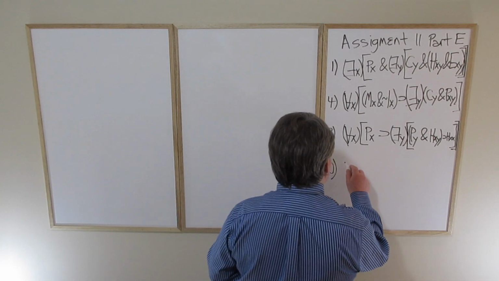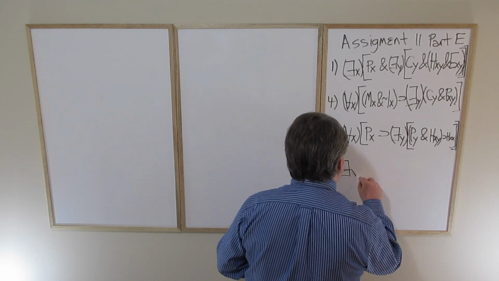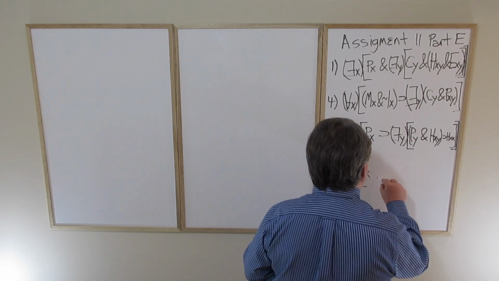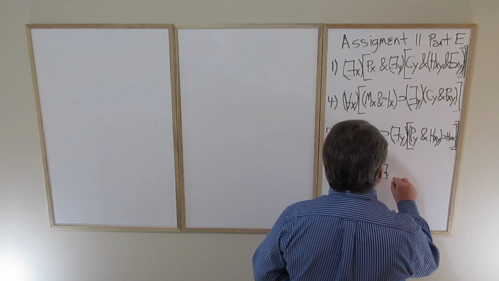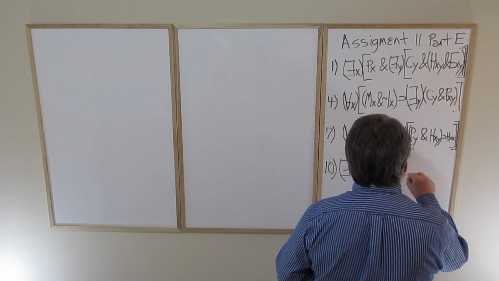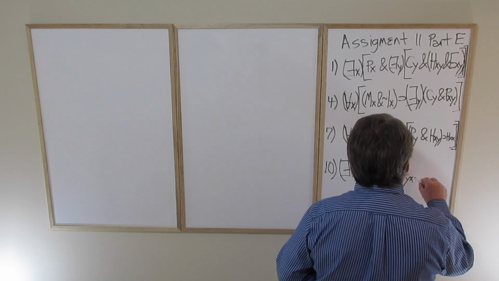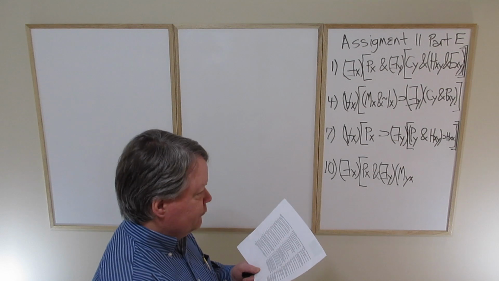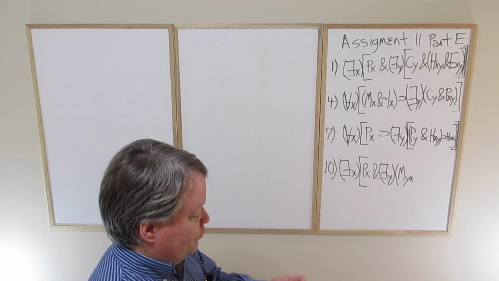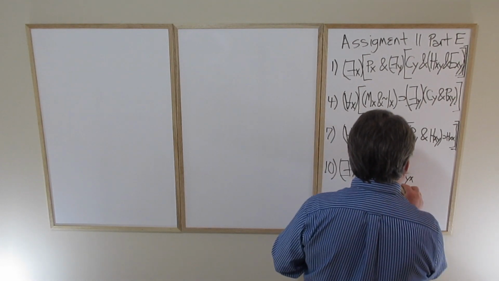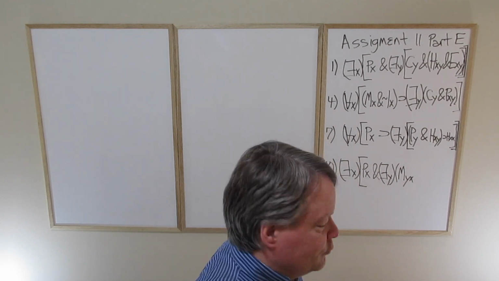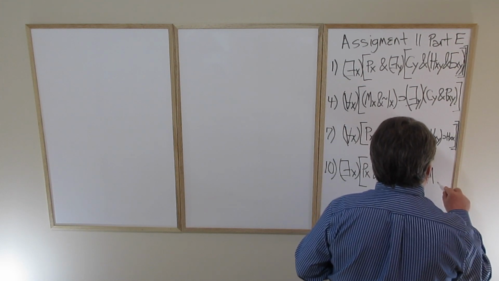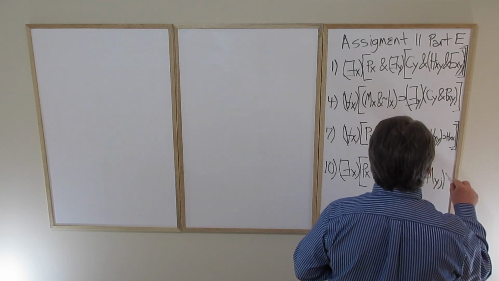So, there's at least one x such that x is a planet, and there's at least one y such that y is a moon of x, and y is a moon of Jupiter.